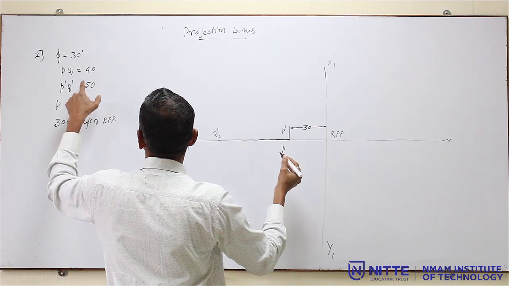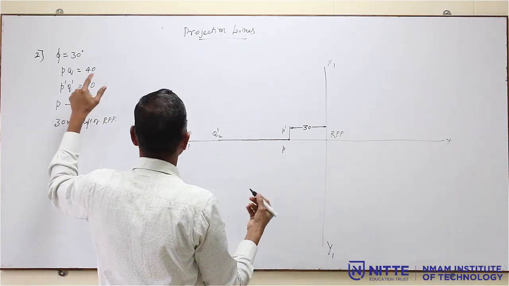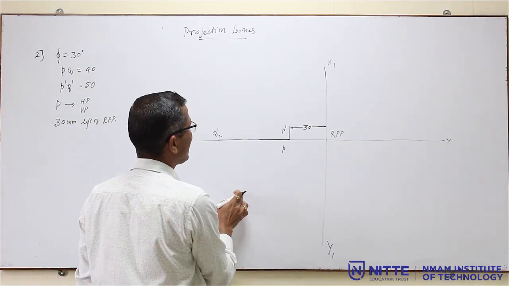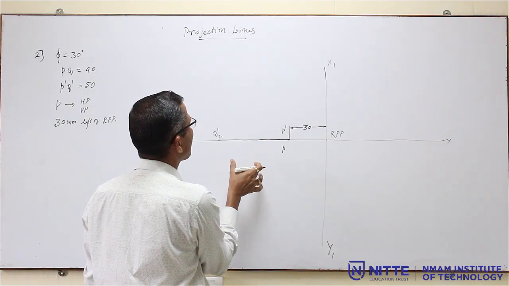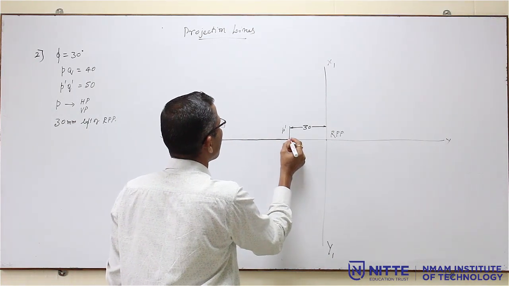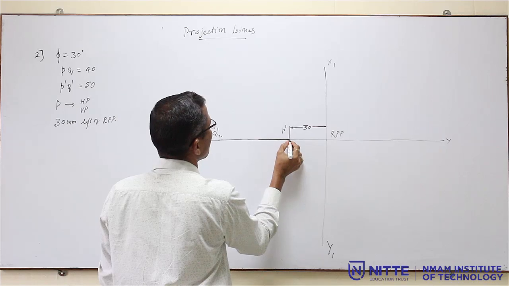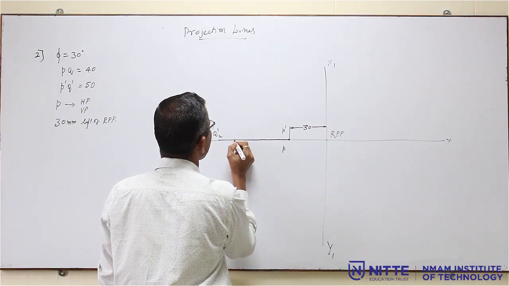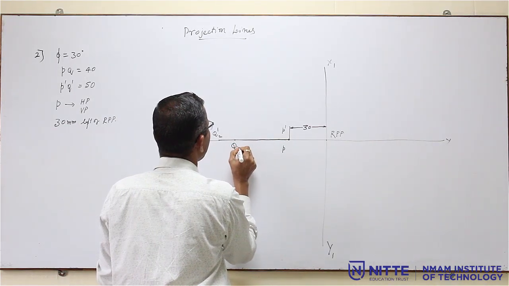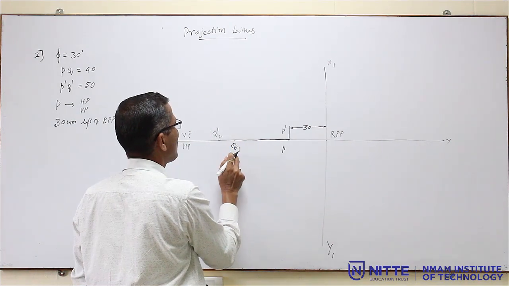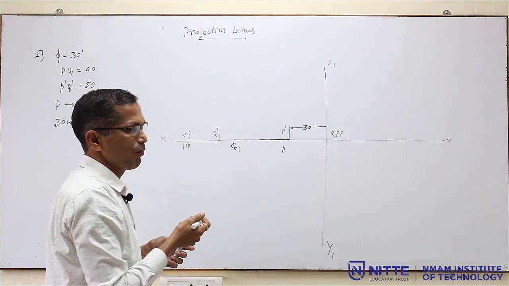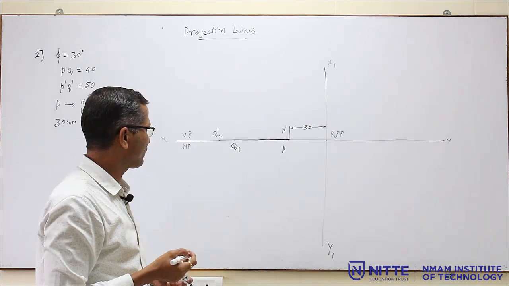Similarly, PQ is 40, that is, the top view is 40. The angle is not given, but I can draw one more line, PQ1, with length 40. From here you measure 40 mm, mark the point and write it as Q1. Q1 you write below the line, and Q2 will be above, because Q1 is in HP.